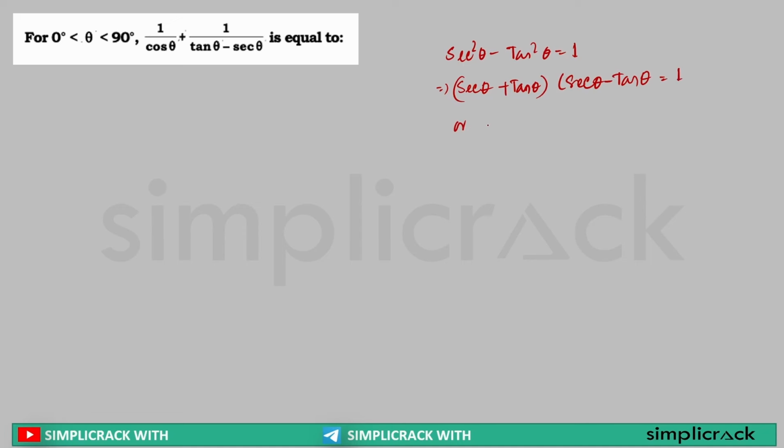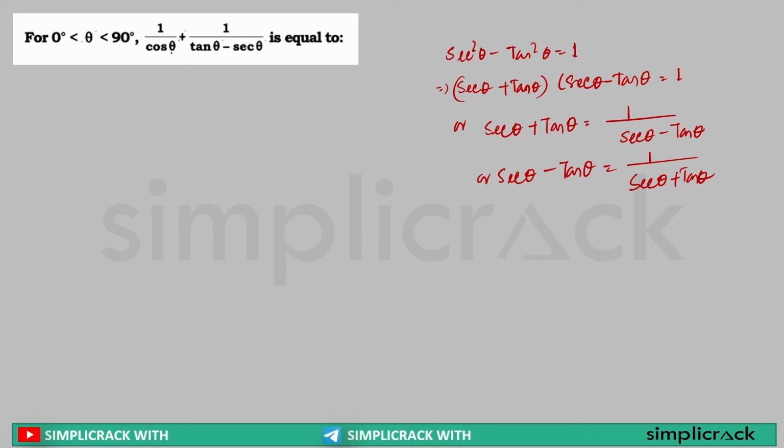So this can be said as sec theta plus tan theta is equal to 1 by (sec theta minus tan theta), or sec theta minus tan theta is equal to 1 by (sec theta plus tan theta). The same is applicable for cosec theta as well. Clear?